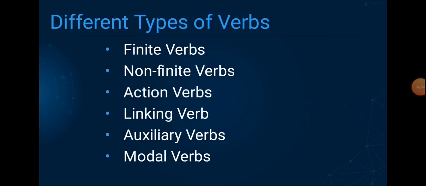Students, there are different types of verb. The names of these types of verb are finite verb, non-finite verbs, action verbs, linking verbs, auxiliary verbs, and modal verbs. We will discuss one by one.